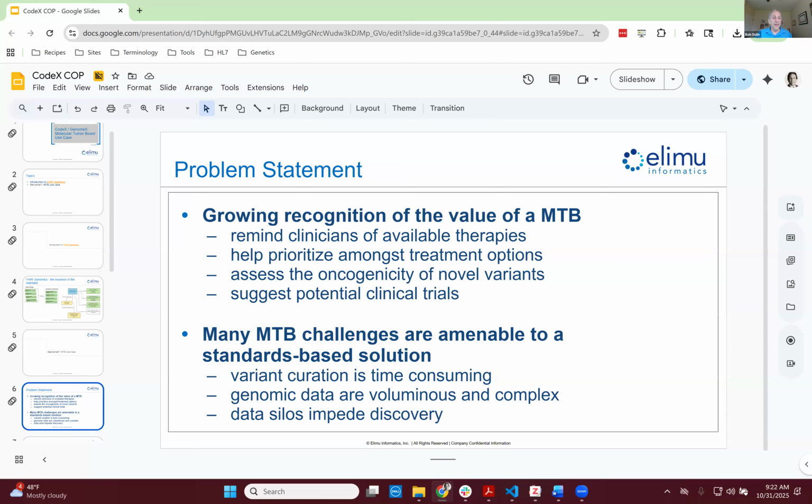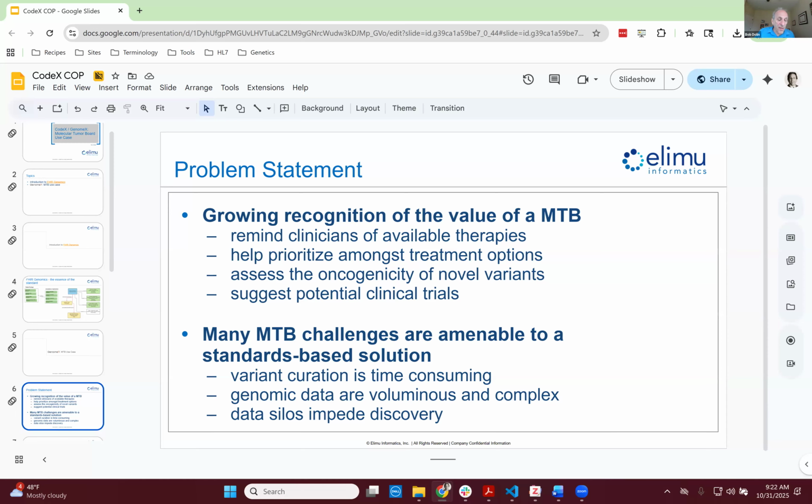How do we ensure that the data that you need to drive your molecular tumor board can be adequately fed? What's the correct way in which we should deliver variants to a molecular tumor board application? What's the correct way that we should deliver knowledge to a molecular tumor board application?